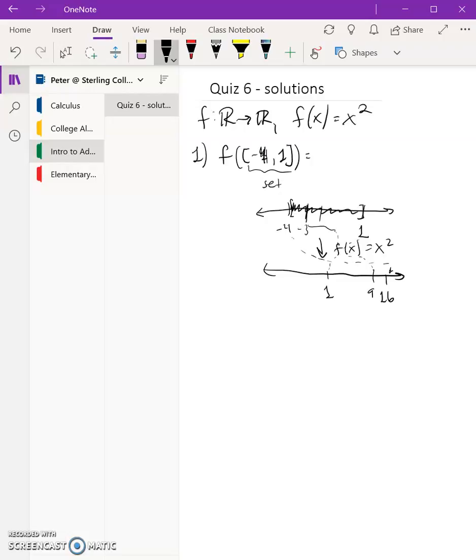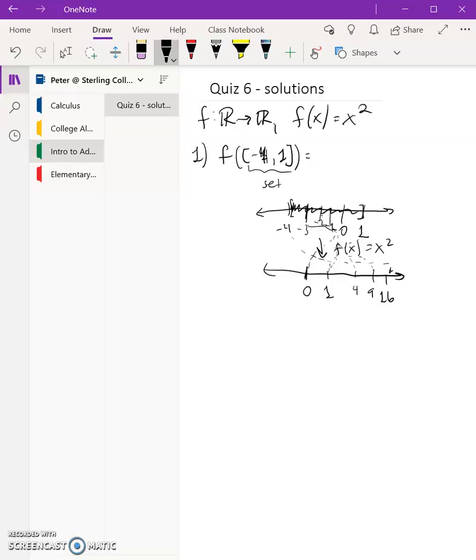You go to say -2, that's going to be mapped to 4. You go to say -1, that's going to be mapped to 1. You go to 0, and 0 is going to be mapped to 0. So don't be convinced that you can simply plug in the endpoints. The endpoints help, but you also need to look at all the numbers in between.